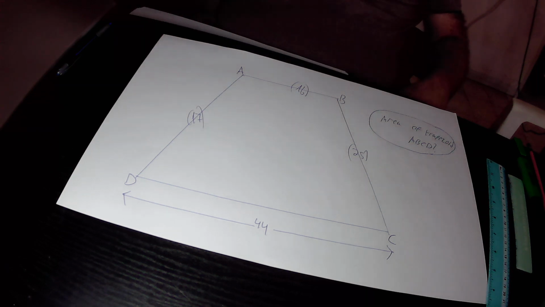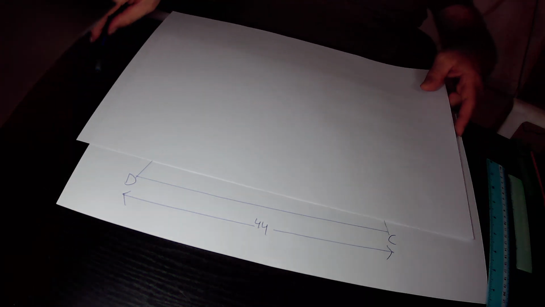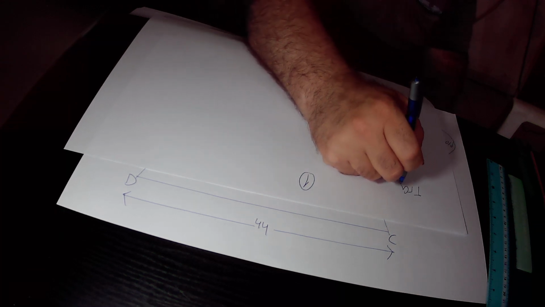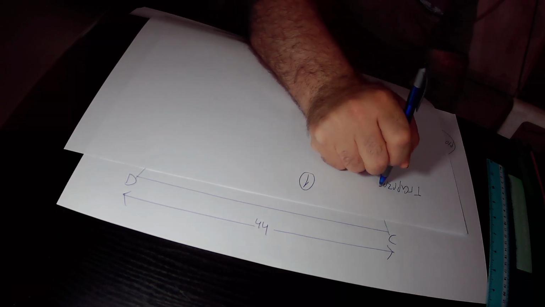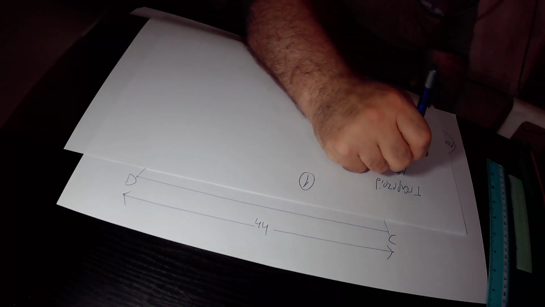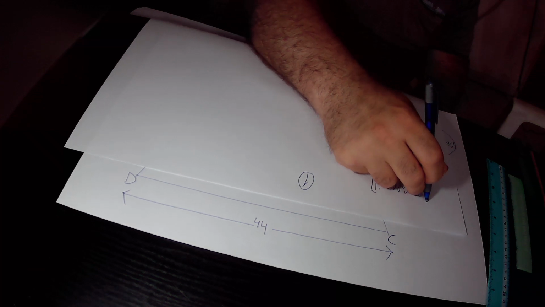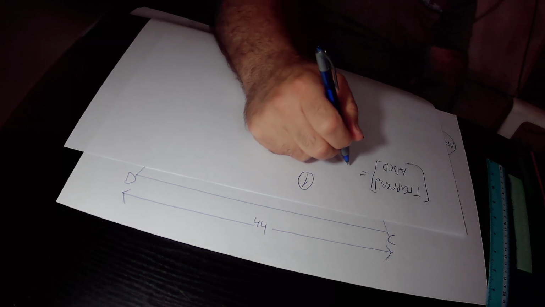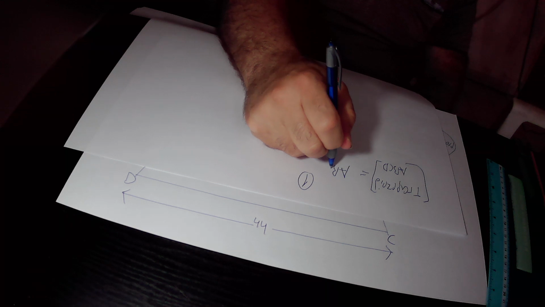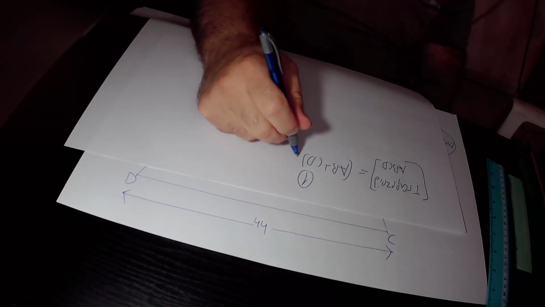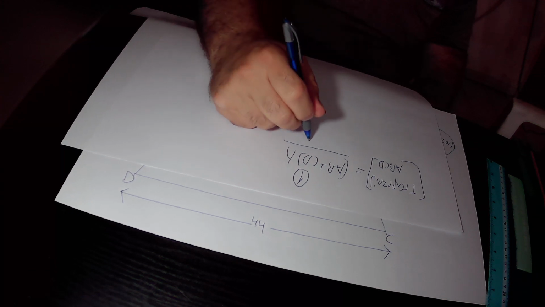So in total, we found out that the area of trapezoid ABCD is equal to the sum of its two parallel bases, that is AB plus DC, times the height. We define the height as h divided by 2.